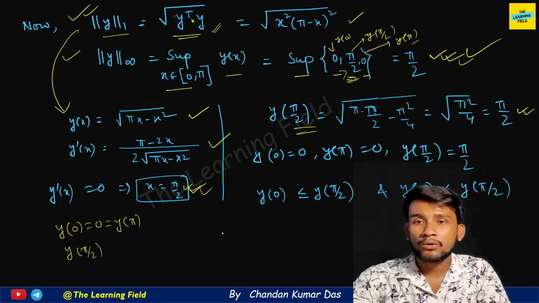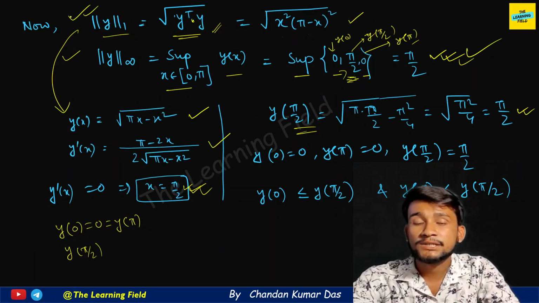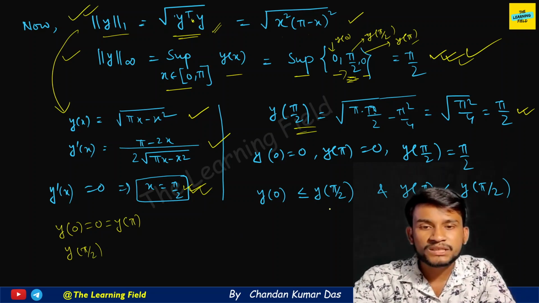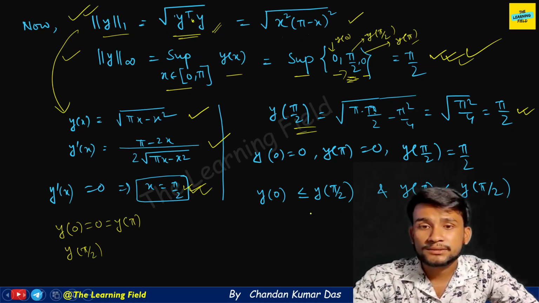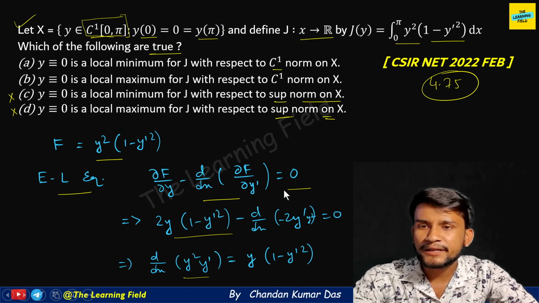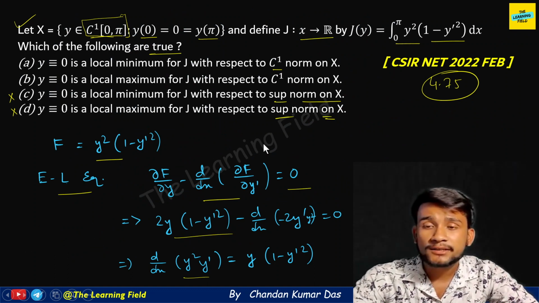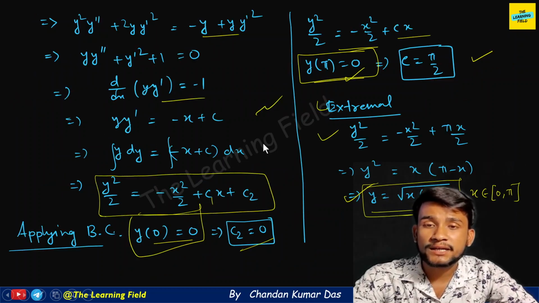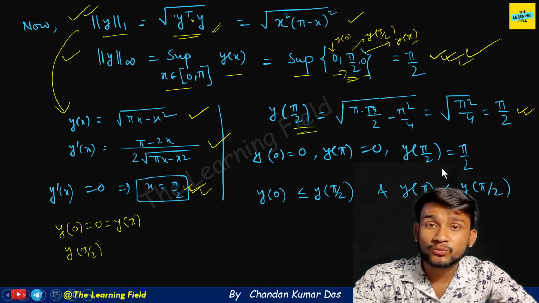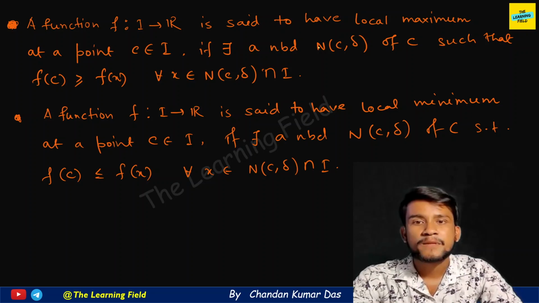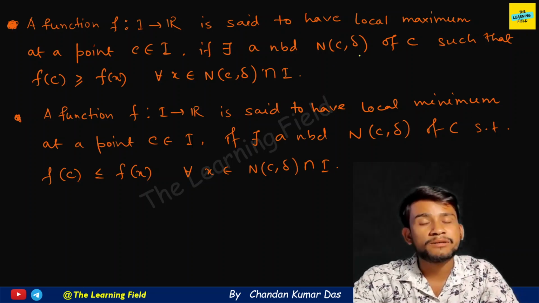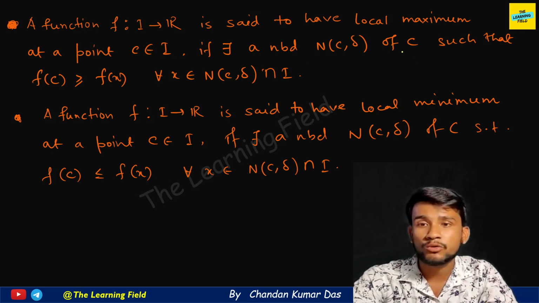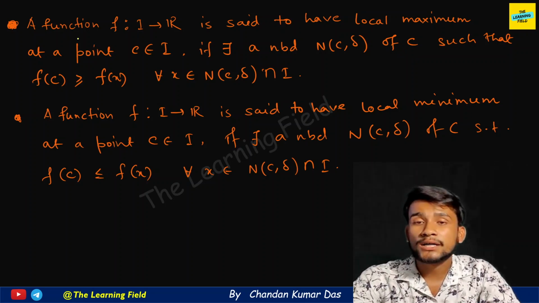Now we go to the C1 norm case. Here, for options A and B, we must know one thing, which is the definitions of local maximum and local minimum. So what are the definitions?